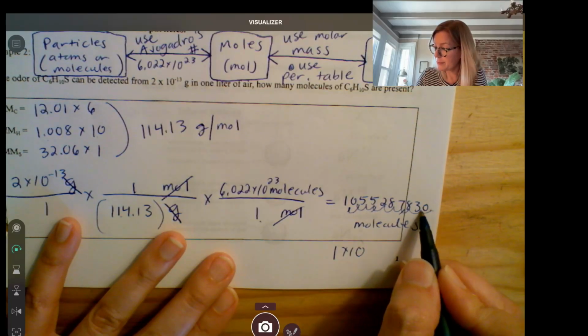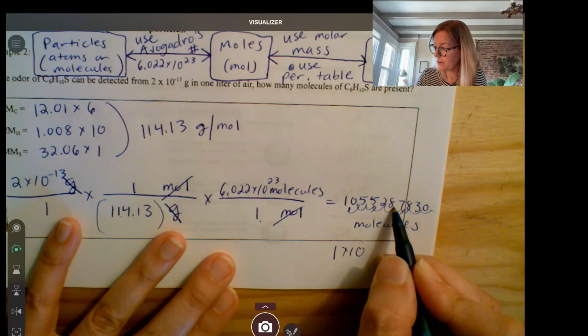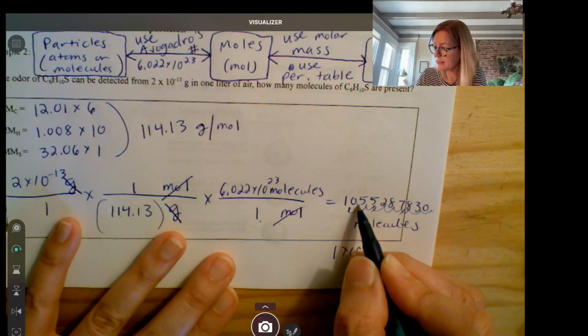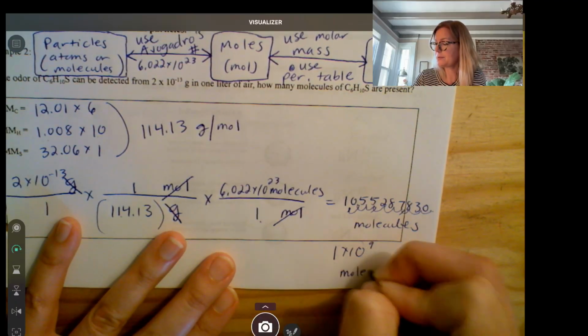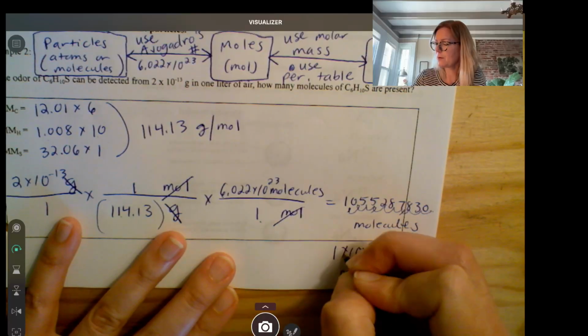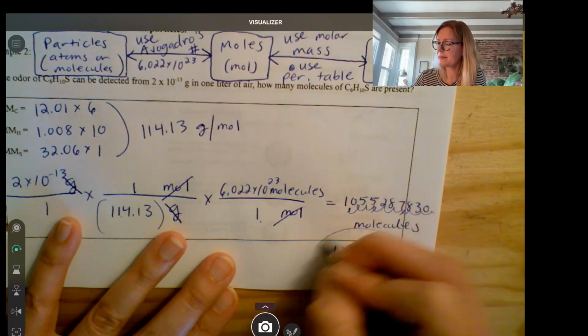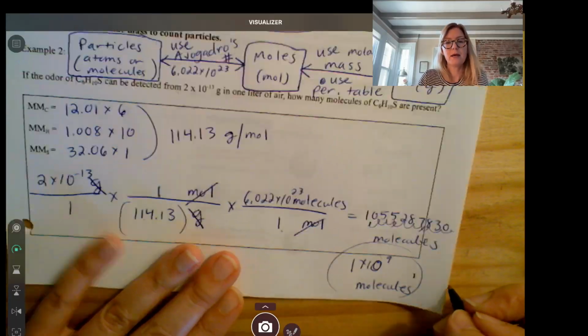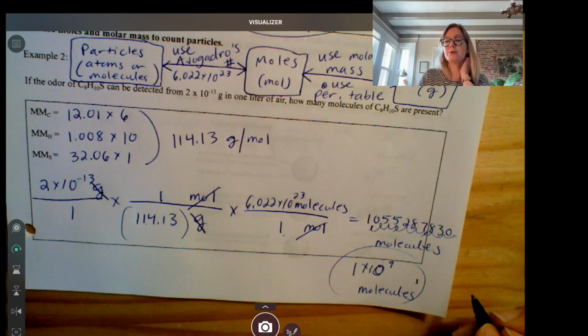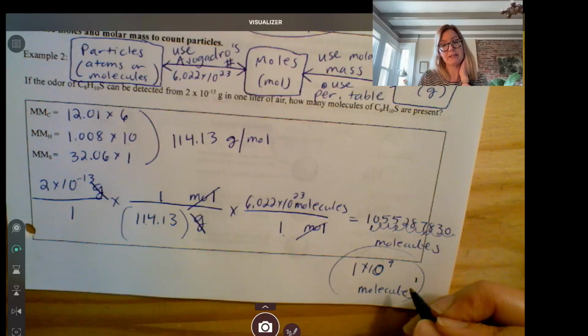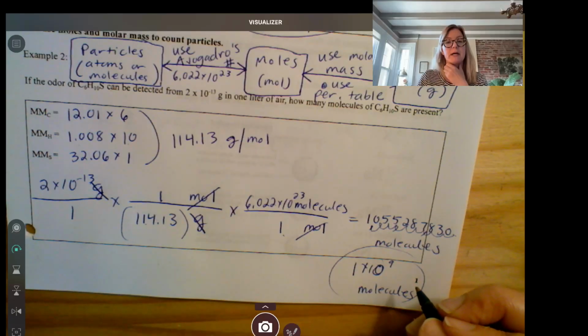Okay, so we move the decimal 1, 2, 3, 4, 5, 6, 7, 8, 9. 1.0 times 10 to the 9th molecules. Okay, or 1 times 10 to the 9th molecules. Okay, so that's a big number. You can leave it in regular notation, or you can write it in scientific notation, whichever one is easier for you. Okay. All right, so let's move on to the back.